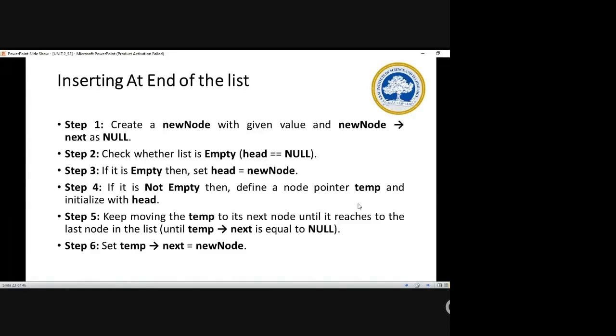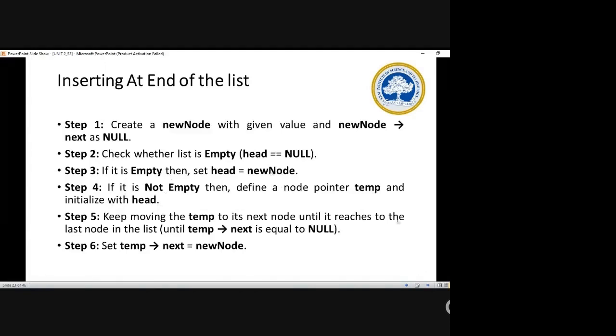What you have to do is create another temporary pointer. The pointer name you can keep as temp or next pointer or whatever is convenient for you; a pointer variable can be named with any name. So if the list is not empty, you define a pointer called temp. You start from the first node, not from the middle, so initialize temp with head.